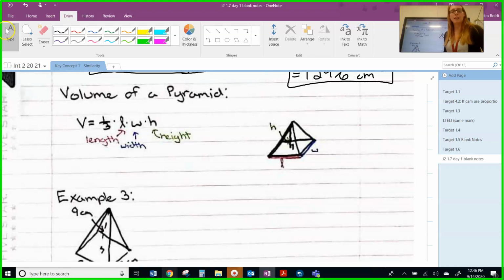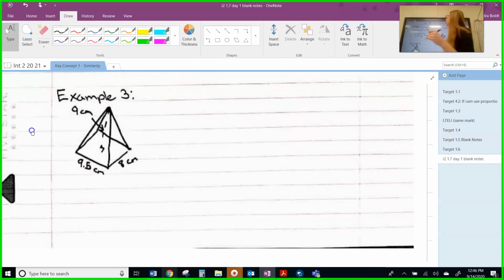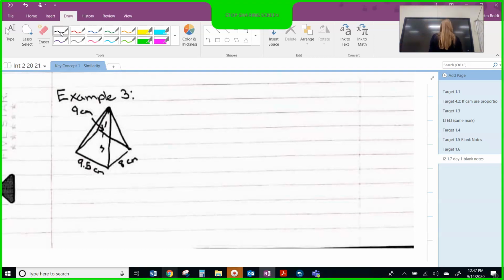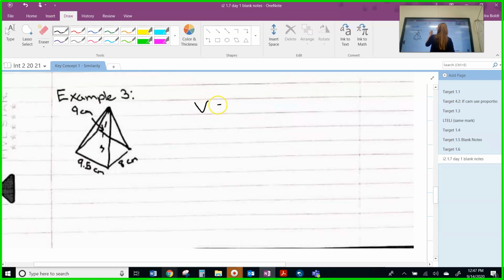So let's look at an example. So here's our prism, or sorry, our pyramid. And volume equals 1/3 times length times width times height. One-third just comes down. It's not a variable. We're not putting anything in for it.